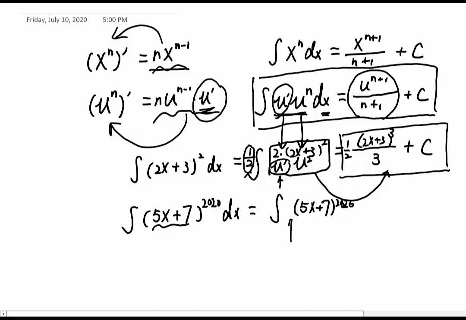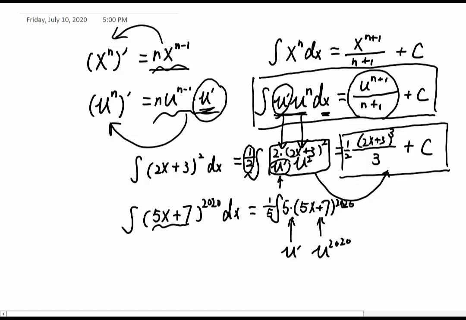So we have to give a u prime, and this is our u to the 2020. We said our u prime will be 5, so we're going to multiply by 5 in front. Whenever you do that, you have to divide by 5, so that's going to be 1/5.